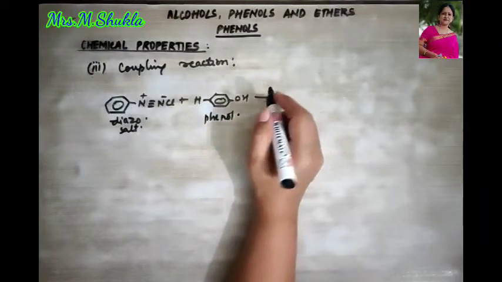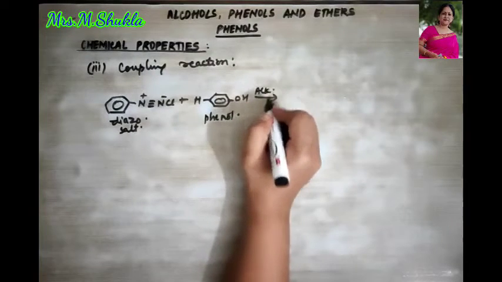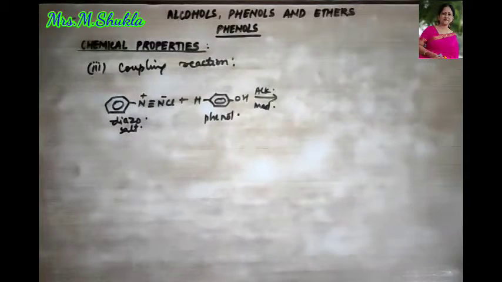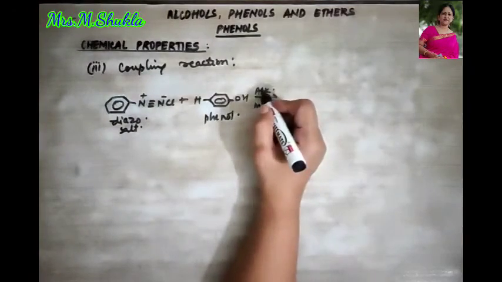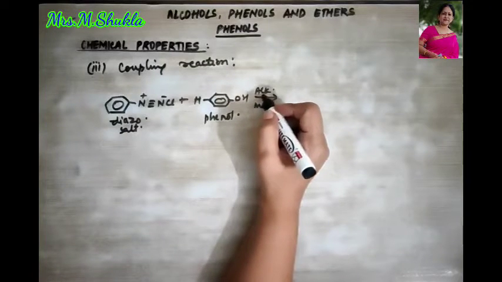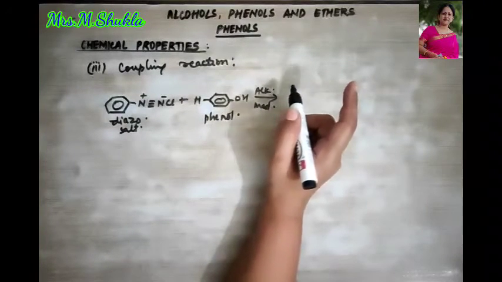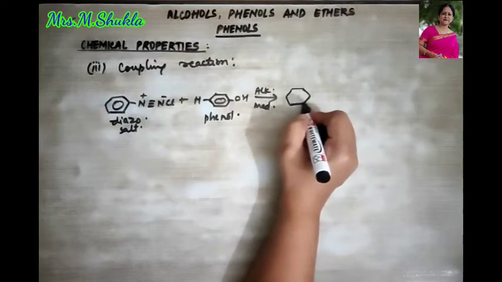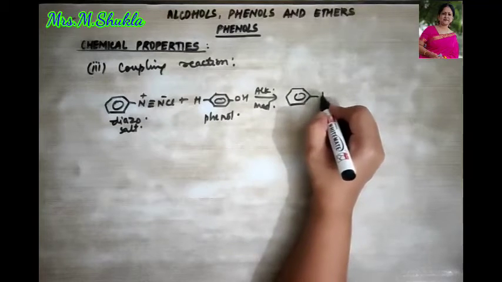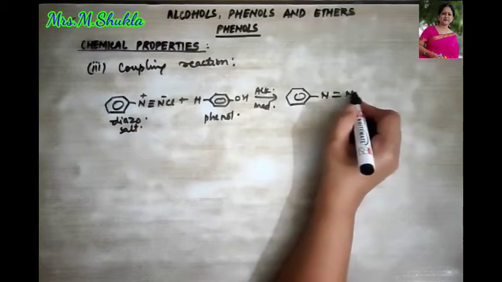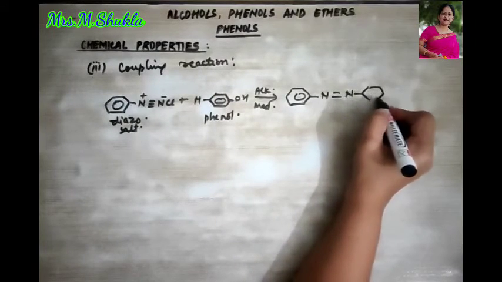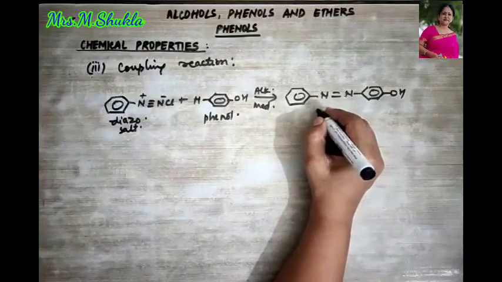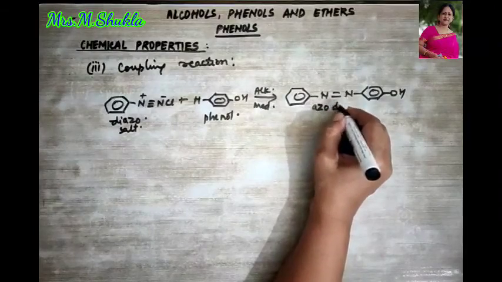When they combine in the presence of alkaline medium, what did I say? It gives us Azo dyes. What is the formula of Azo dye? So what are they called as? These are called as Azo dyes.